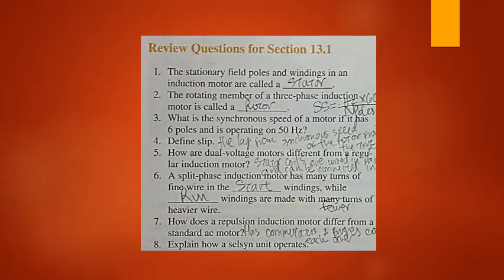Explain how a Selsyn unit operates. In two identical motors, only the rotor is energized by AC. The rotor in the transmitter is designed to be moved to a certain position. The receiver rotor will match the same position by inducing a magnetic field on the stator winding.